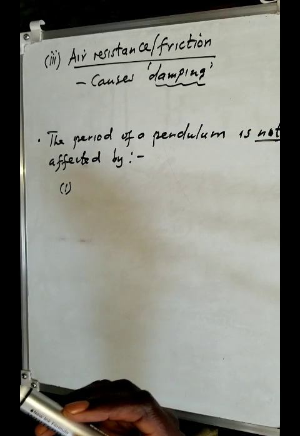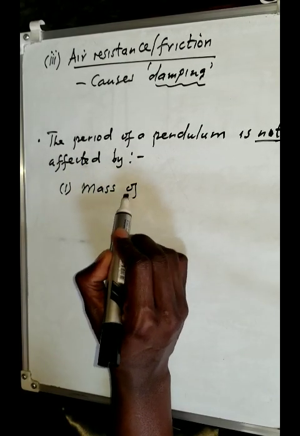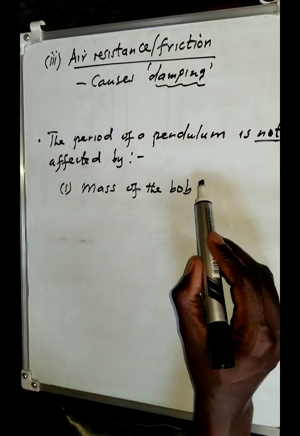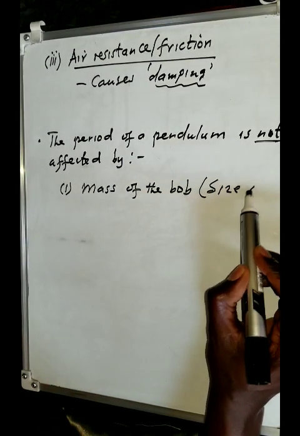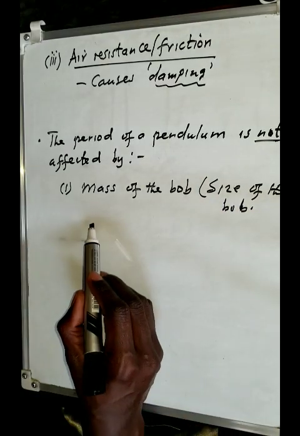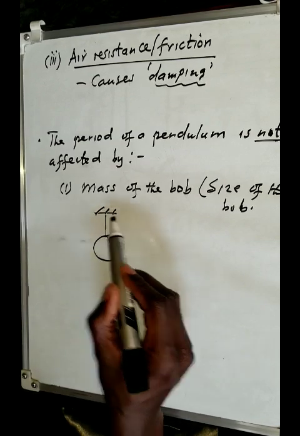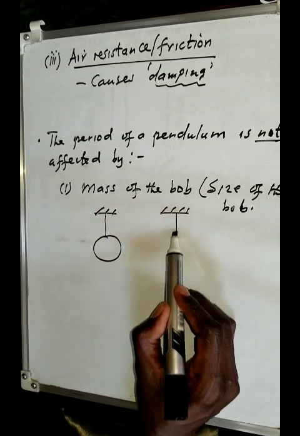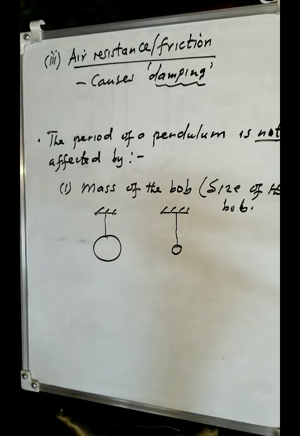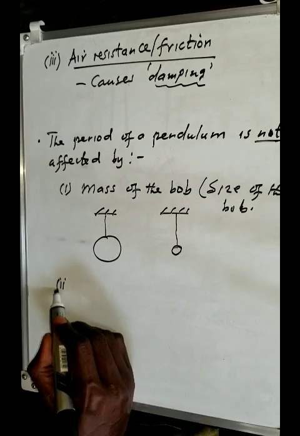Of course, there are a lot of them that we can talk about. One, we can talk about the mass of the bob, or others may say the size of the bob. One experiment may use a very big bob, and another may use a very small bob. But of course, the mass or the size of the bob will not affect the period of a pendulum. So that is what you need to remember.